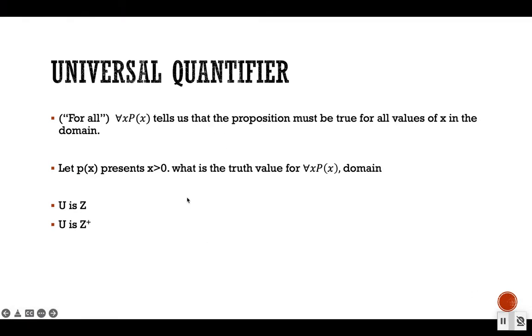A universal quantifier looks like this. We write it using an upside-down A, and we read it as "for all x, P(x)". The whole thing becomes a proposition under a specific domain.